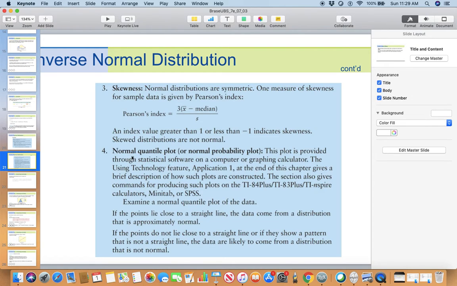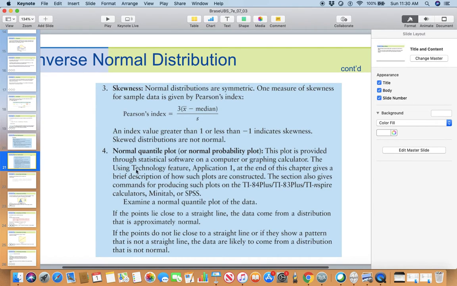Another way, look for a normal quantile plot. This plot is provided through statistical software or on a computer or graphing calculator. The using technology feature gives a brief description. Now examine a normal quantile plot of the data.